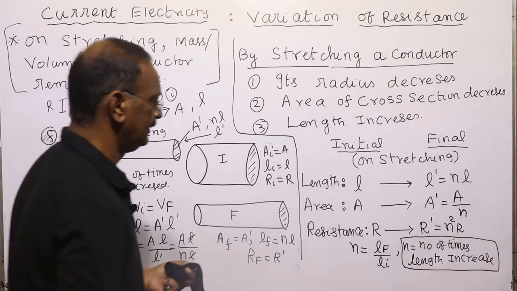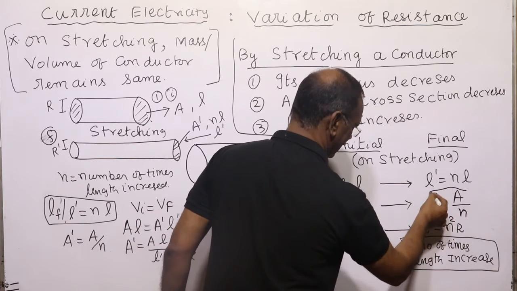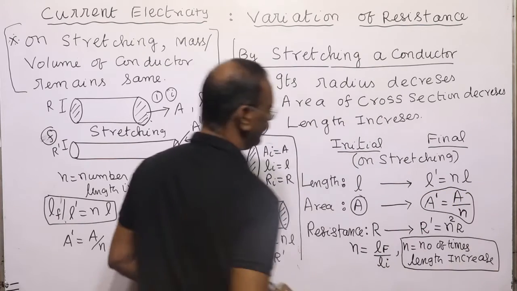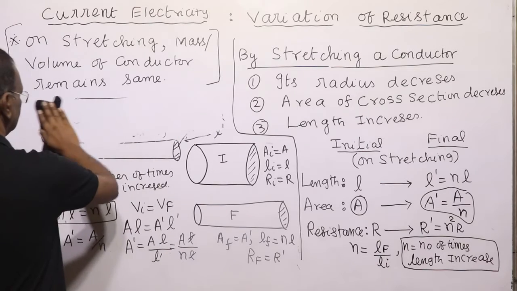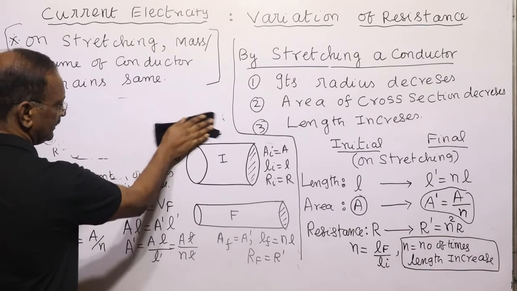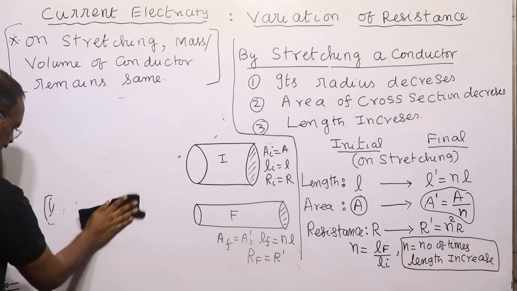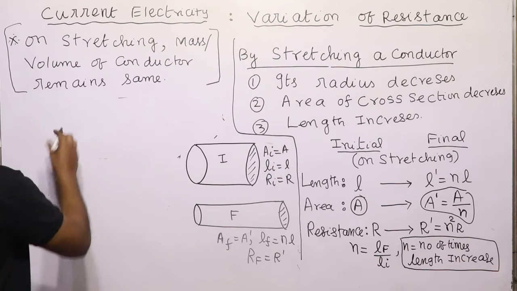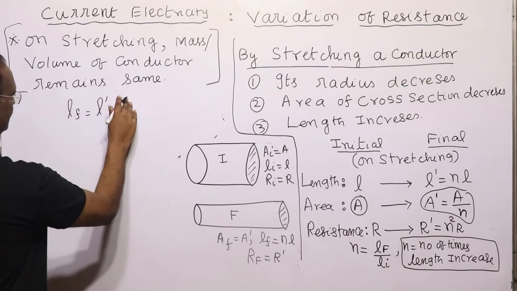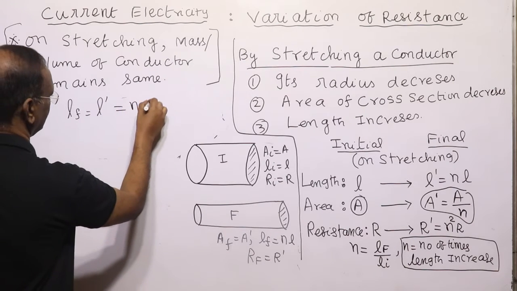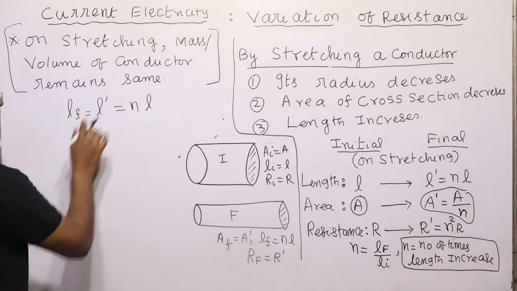Initially the area is this one, and finally the area is this much. How about the change in the length? The length is increased to N times, that is, the final length L dash is N times the original length, where L is the original length before stretching.